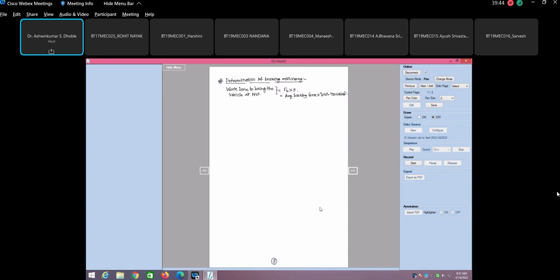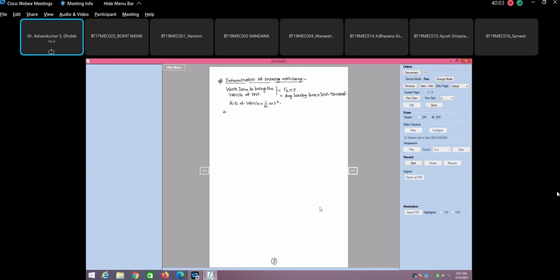So this we know. Now when braking to vehicle in standstill position, that means the kinetic energy of vehicle is equals to half mv square.